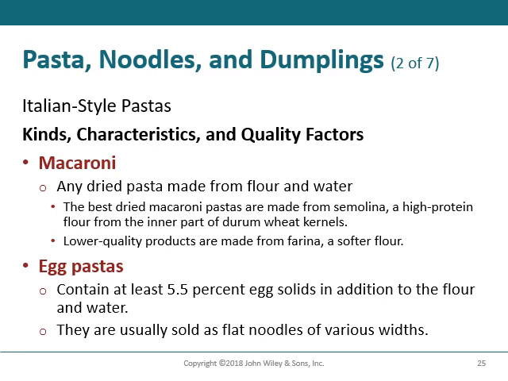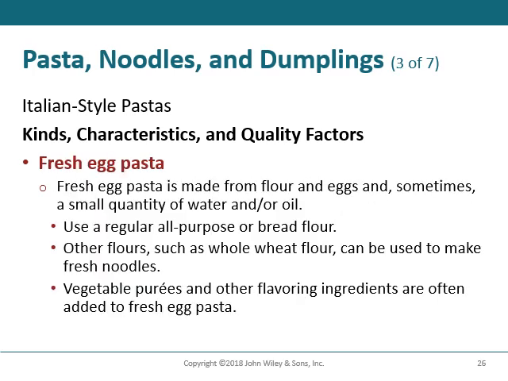Egg pastas have egg solids in addition to the flour and water. Egg pastas are typically sold as a flat noodle. So if you want to make a fresh egg pasta, you can use flour, eggs, and sometimes water or oil. Typically, it just takes the flour and the eggs mixed together.